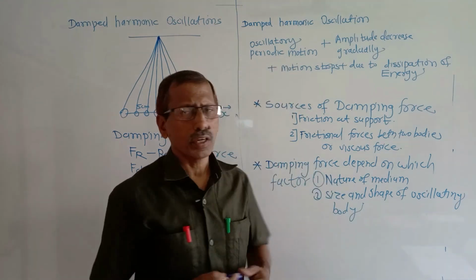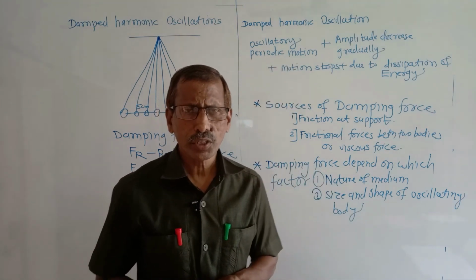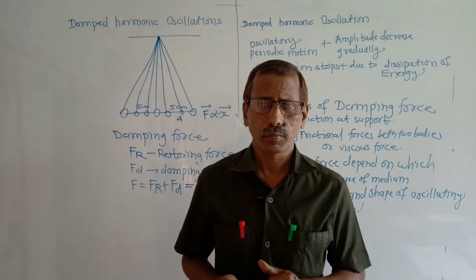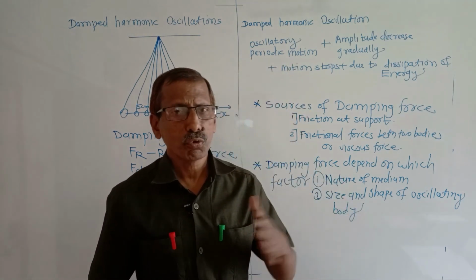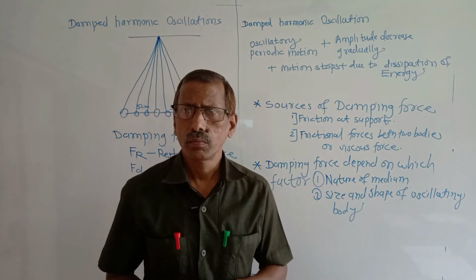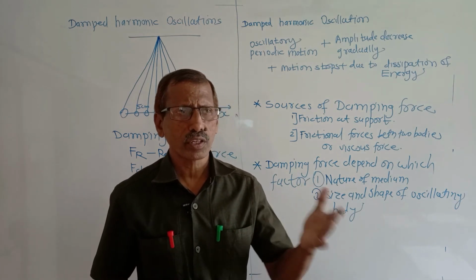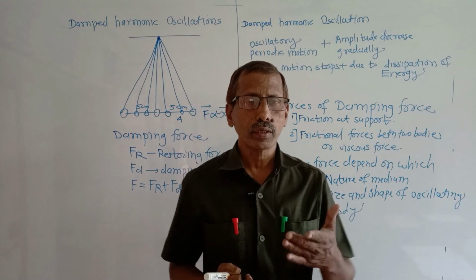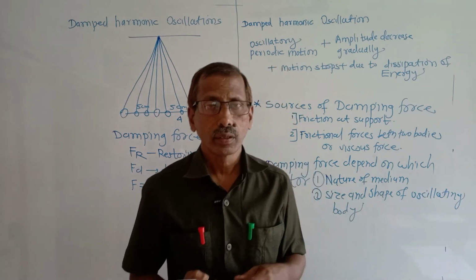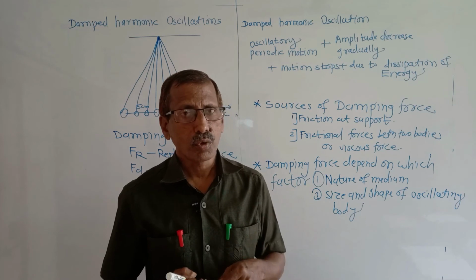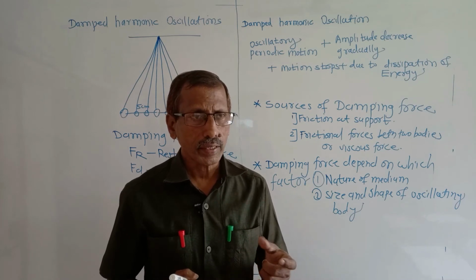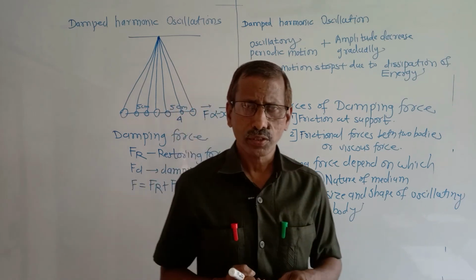So when we consider the motion of the simple pendulum in air, at that time the viscous force due to the air is small. But when we perform the motion of the bob in a liquid or a denser fluid, at that time there is more damping force and the motion stops immediately as compared to the previous case.